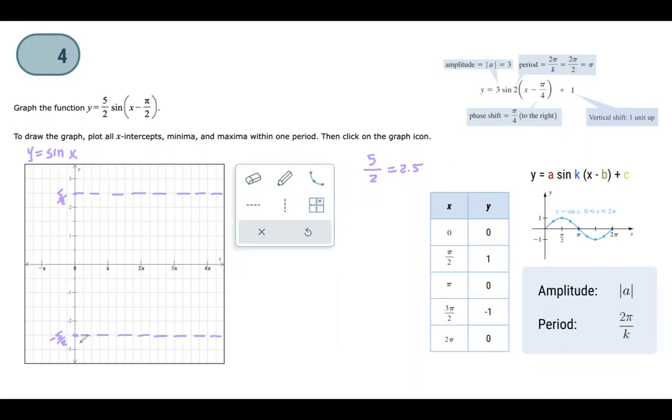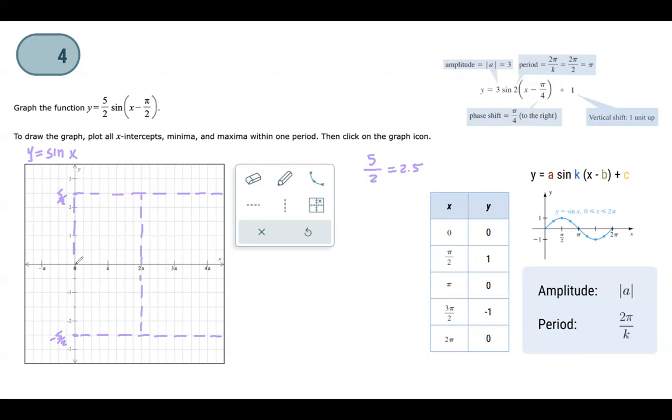Now, the original graph has a period of 2π. And we don't have anything multiplying the x, so the period is going to stay as 2π. So the original graph is going to have a period stopping at 2π.